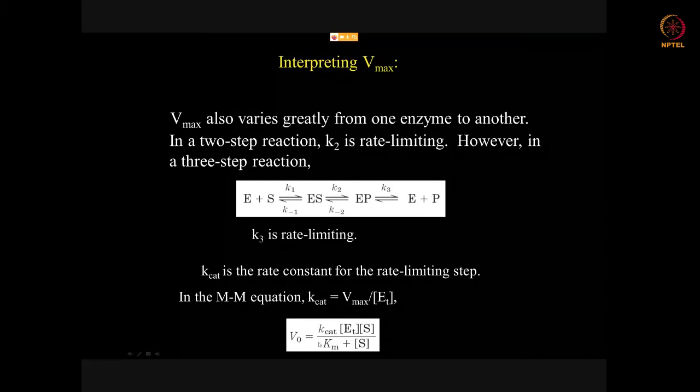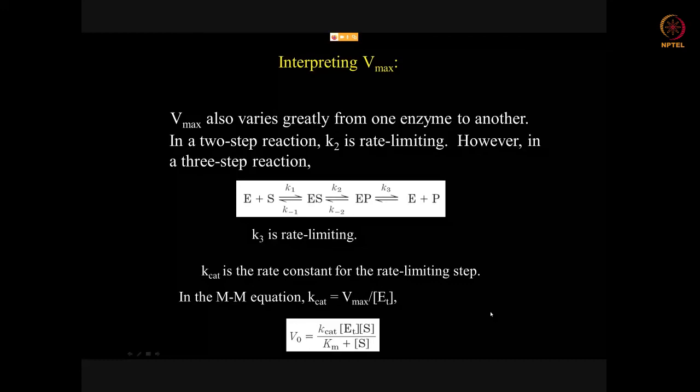So V0 equals... now K-cat equals, going by this relationship, K-cat times ET will be Vmax, and in the Michaelis-Menten equation you substitute that. So in any case, Vmax is always going to be equal to this, because it is not going to increase beyond the total enzyme available and the rate constant for that. This would always be the Vmax in any situation.